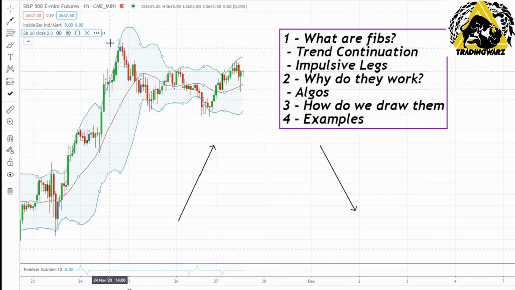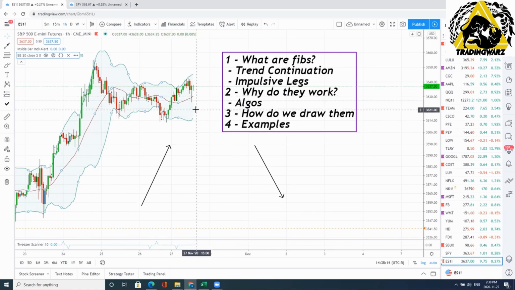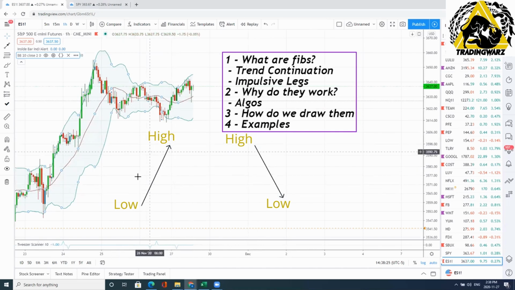Impulsive means that it's not in a range. It's not consolidating. It is moving in that direction with force, and we can see this with force here. So the first step in Fibonacci trading is identifying the impulsive leg, because the low and the high, or the high and the low, will become your anchor points.